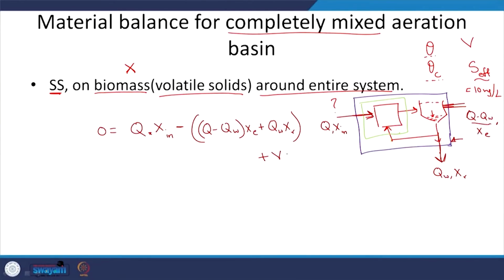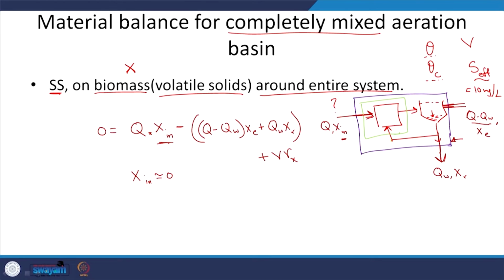So, yes, there are reactions occurring that will affect your microbes. So, that is what I have out here, let us say, right. So, let us see what else I can do out here. Xn, as I mentioned, little to no microbial concentration of use to us in the context of wastewater treatment comes in. So, I can assume that Xn is equal to 0, right.